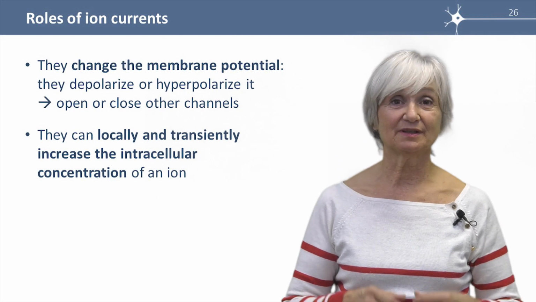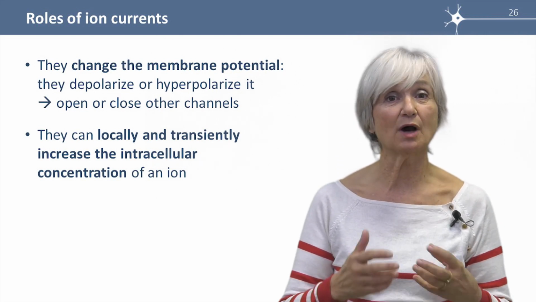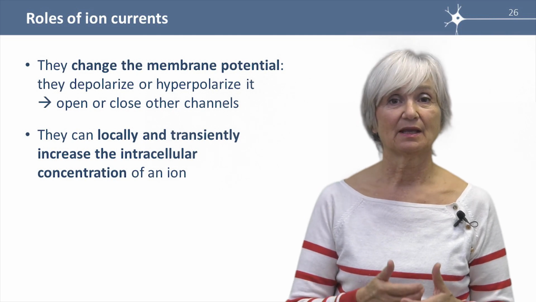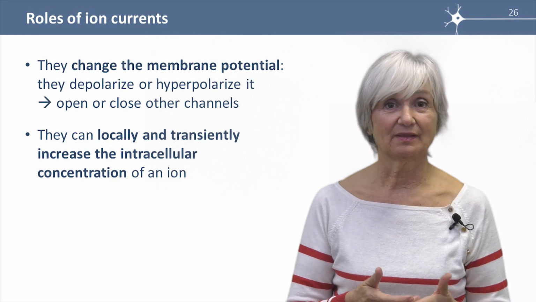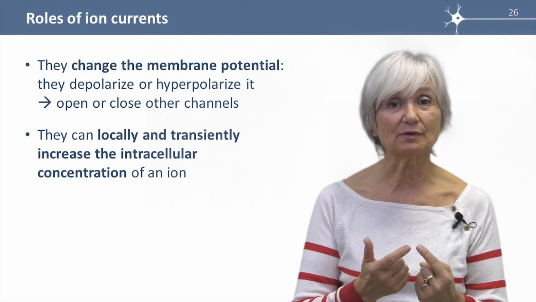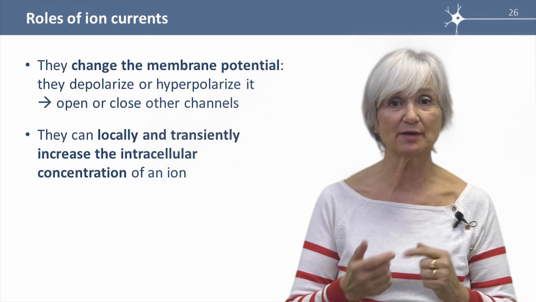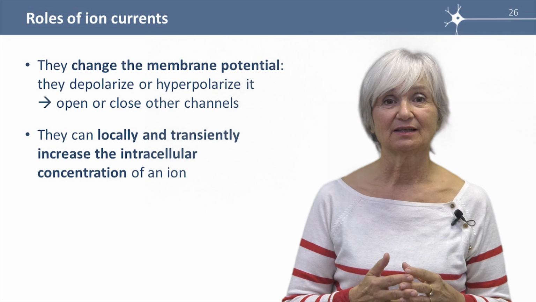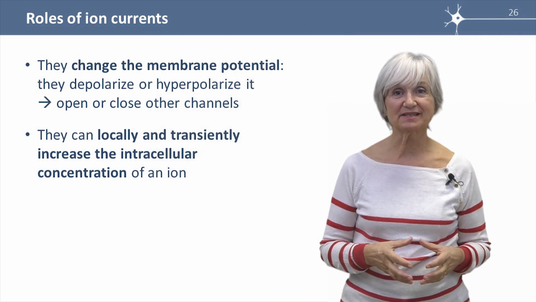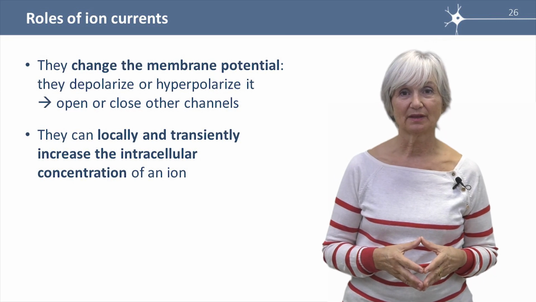If ions with a negative charge enter, then the membrane potential will also hyperpolarize. If ions with a positive charge enter, then the membrane potential will depolarize. And these changes in polarity, depolarization and hyperpolarization, are neurons' typical signals. We will see a very important signal referred to as action potential in Chapter 2.